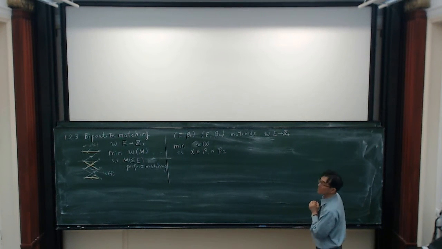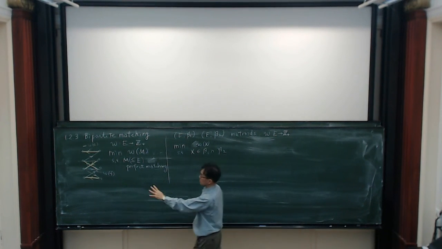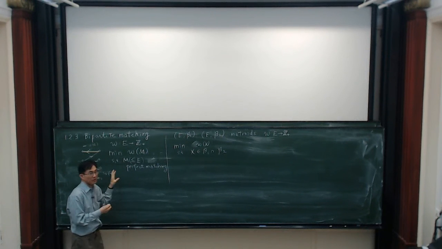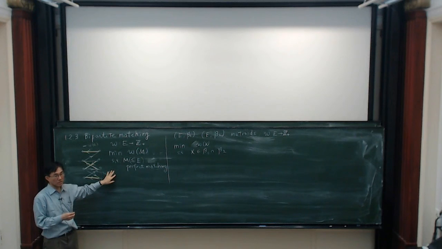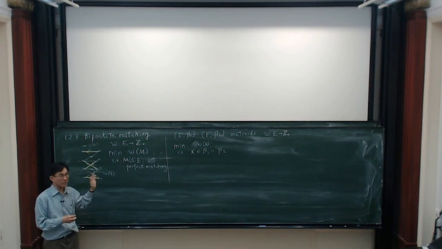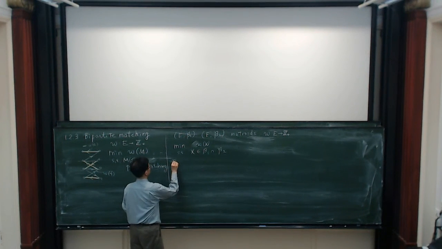So what is known here? Here I talked about negative cycles, but there's another important result due to Frank called the weight splitting theorem. I will explain what it is.